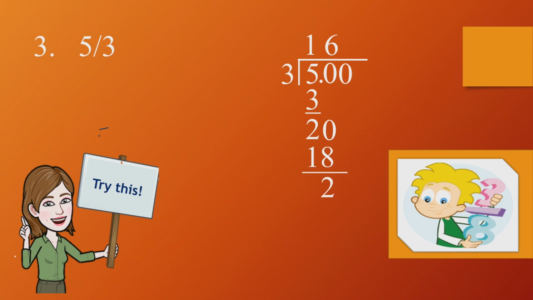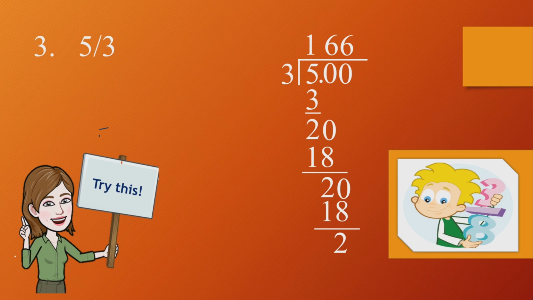Again, let's add 0 and then bring down 0. Again, 20 divided by 3, that is 6. And 6 times 3 is 18. 20 minus 18, that is 2. So as you can see, there is always remainder and that is 2.